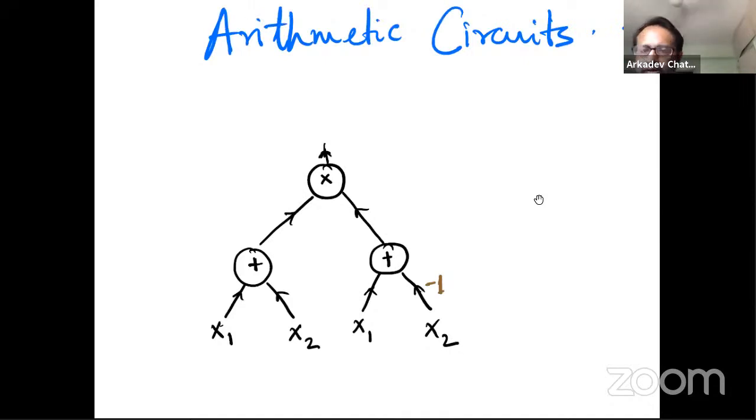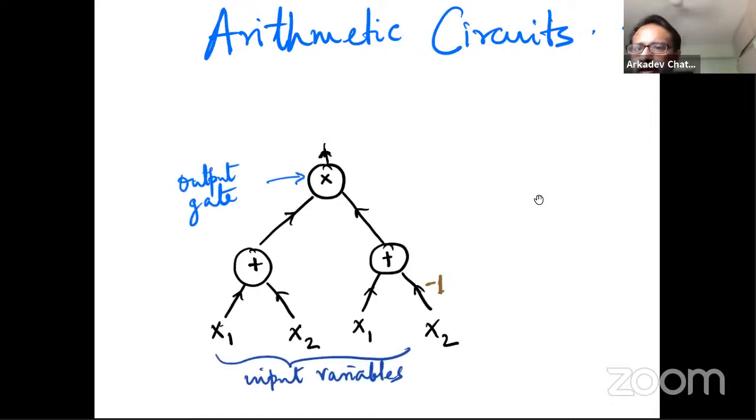It's the usual situation. And the natural model, if you think about computing polynomials, is when you have gates which can sum and multiply. So you have a circuit with sum gates and multiplication gates, and the input variables. You want to compute some polynomial of the input variables.